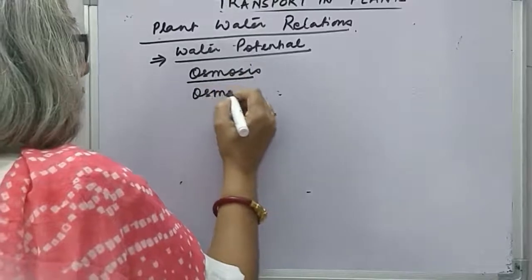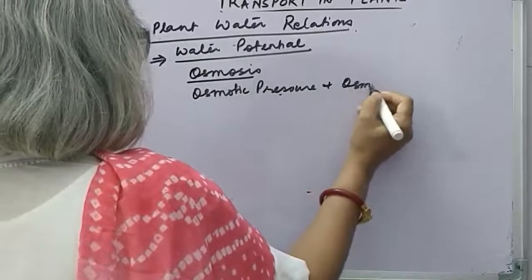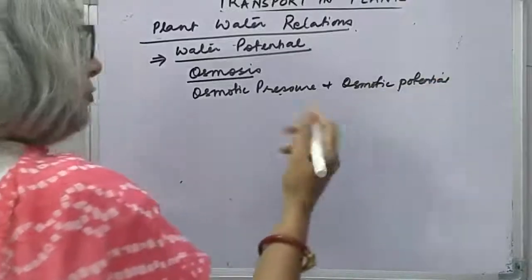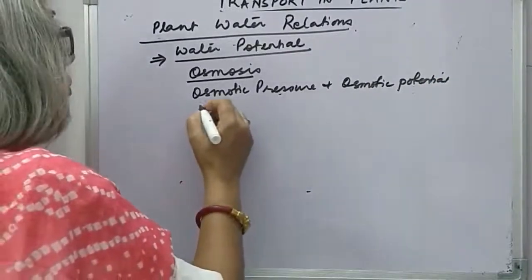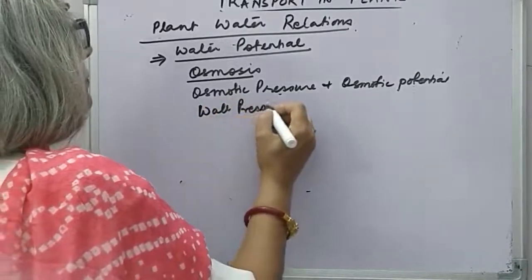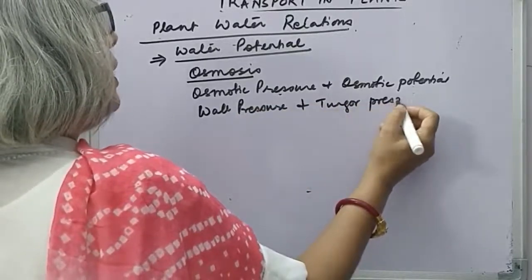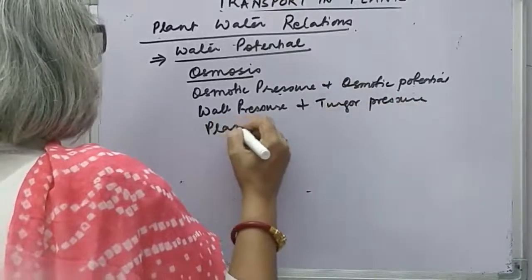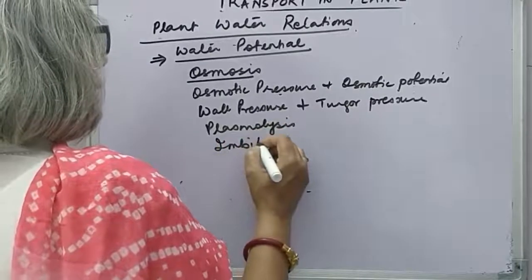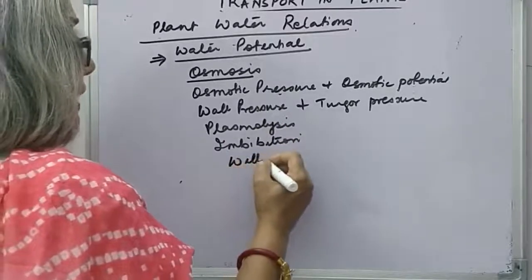Then osmotic pressure and osmotic potential. You have studied about all these in class 10, and once you revise, it will be very clear to you. Then turgor pressure and wall pressure. Then the phenomena of plasmolysis, imbibition and wilting.